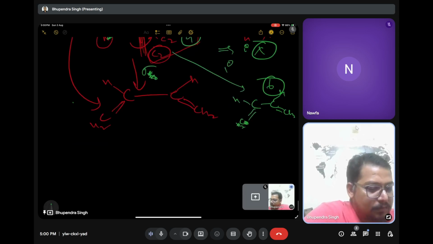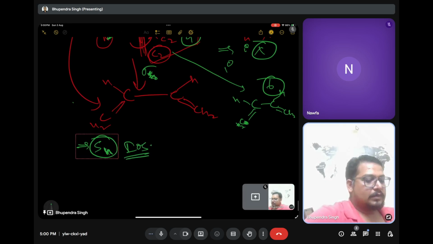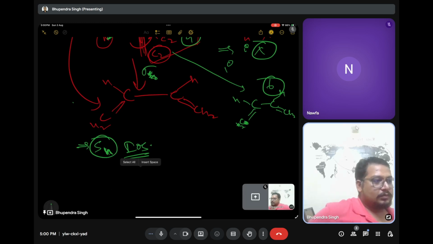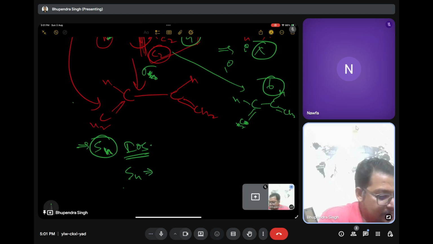Now try to find out whether Sn, an improper axis of symmetry, is present or not. You can simply find out according to our definition that if Sn is present, then sigma h should be there.